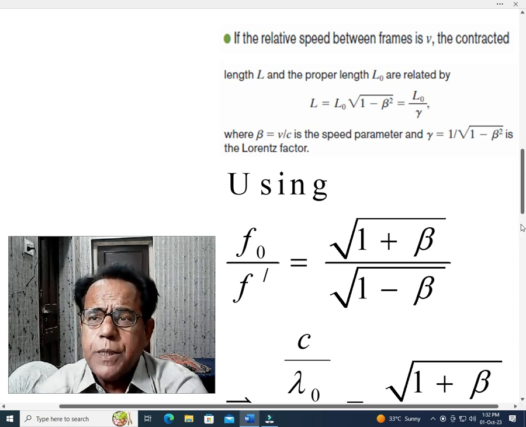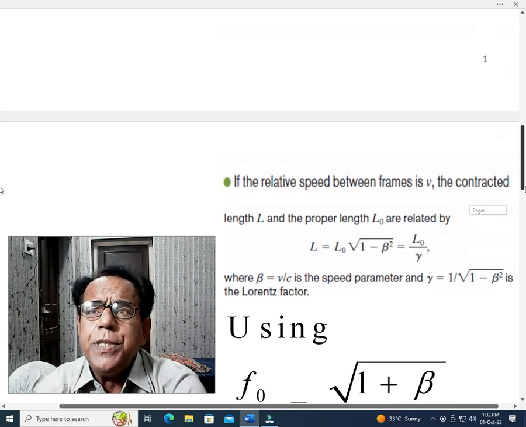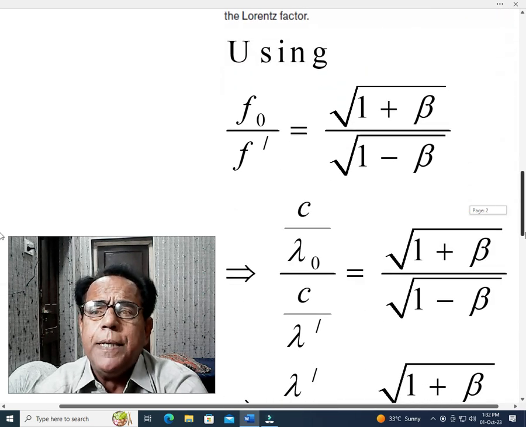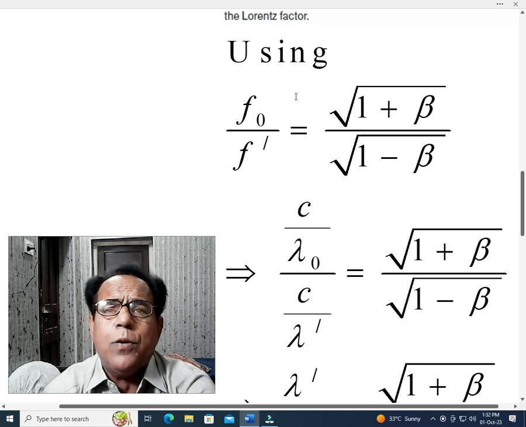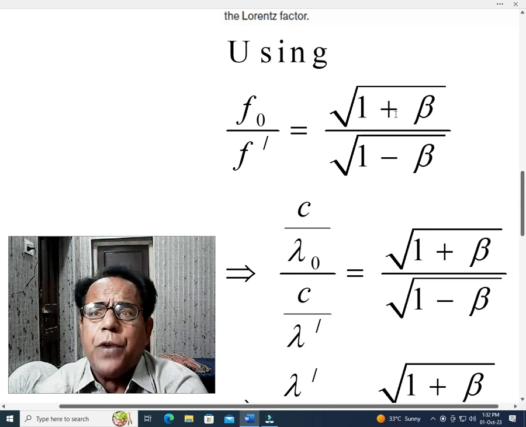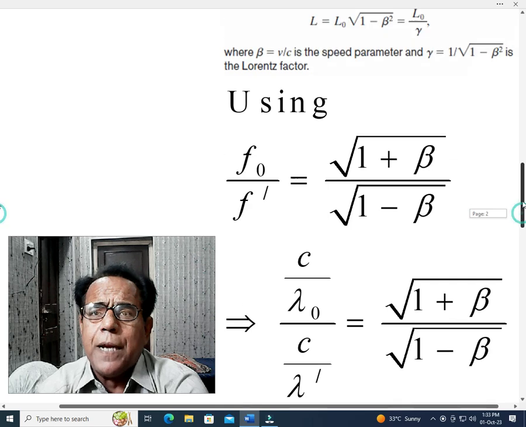So, using this Doppler effect, we start our problem in a regular form in this way. Using f₀/f' = √((1+β)/(1−β)). Why have we chosen this form of the Doppler effect?